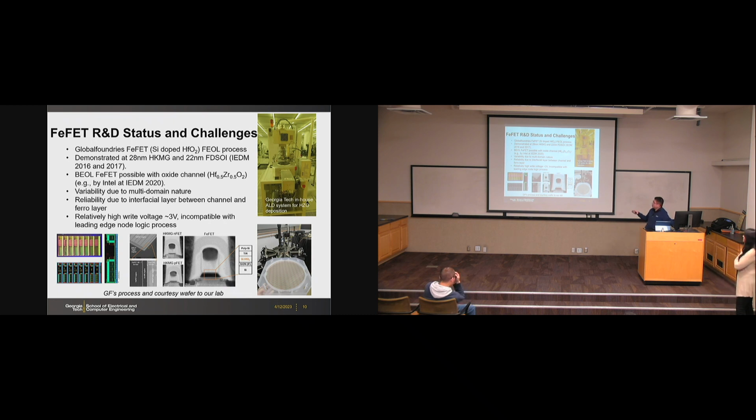Here you only need one more mask for the gate stack. So from the cost point of view, this could be a good replacement for the eFlash. This is mostly for microcontroller applications, especially for the automotive business. This is the first industrial application.